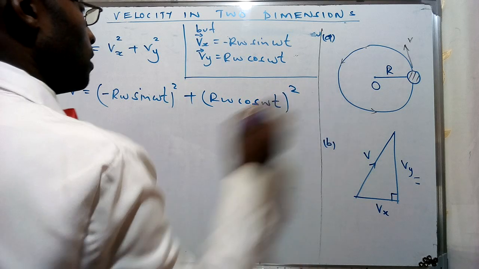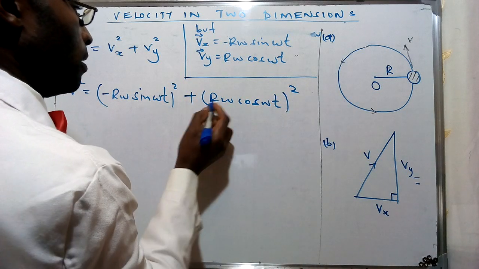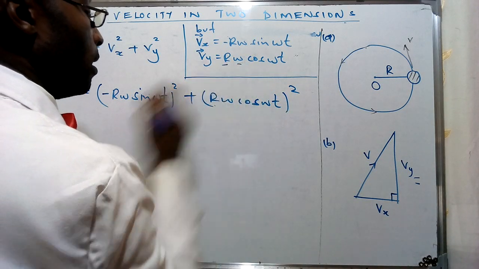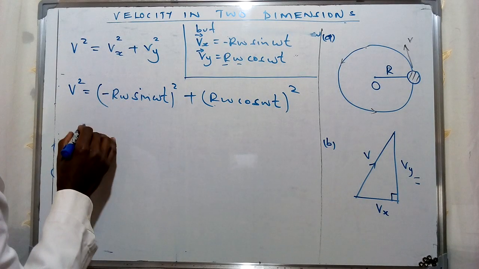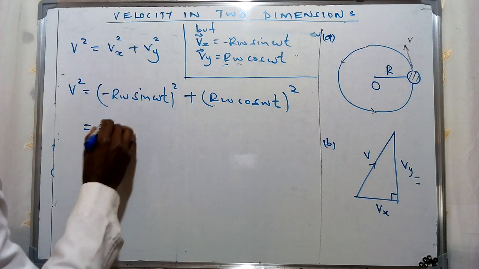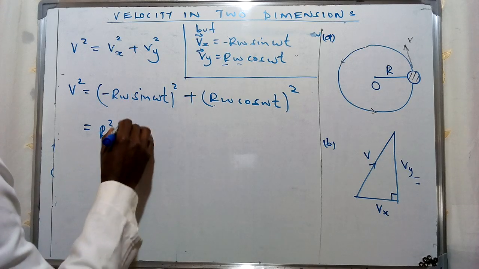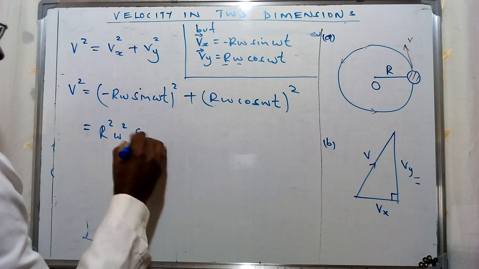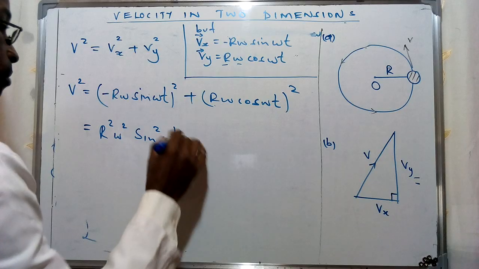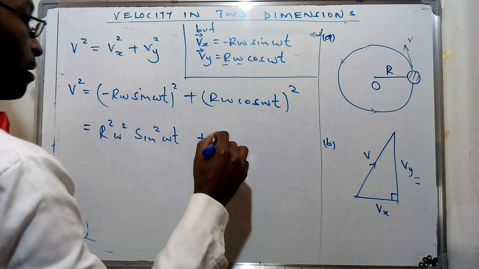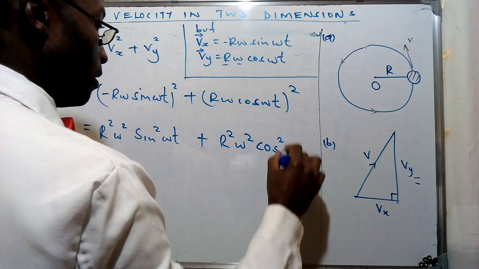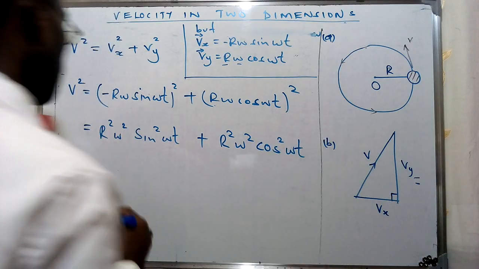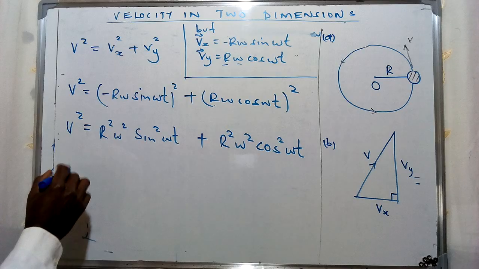This is going to assist us to illustrate that these two components, r and angular velocity, are going to be constant. So this is going to be giving us r squared omega squared sine squared omega t plus r squared omega squared cosine squared omega t. And this is going to be giving us the square of that.